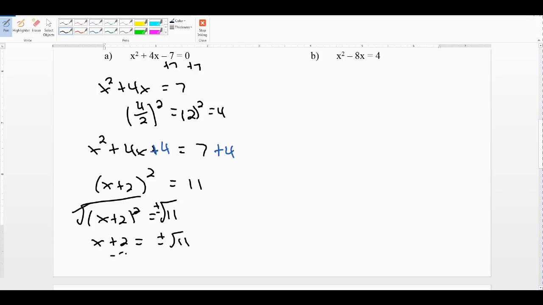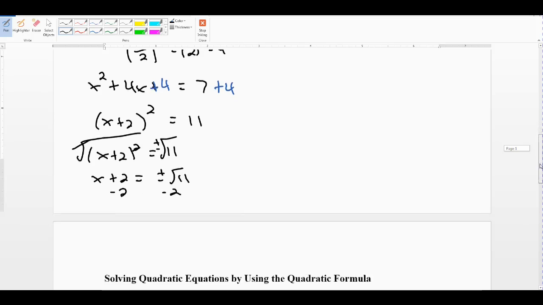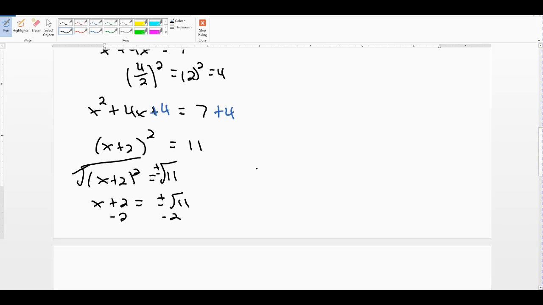To get the x by itself, we subtract 2. So let's just go over here. We have x equals -2 plus or minus square root of 11. Now if you want to rewrite it by separating the plus and minus, it'd be -2 plus square root of 11 and -2 minus square root of 11. And that's it.